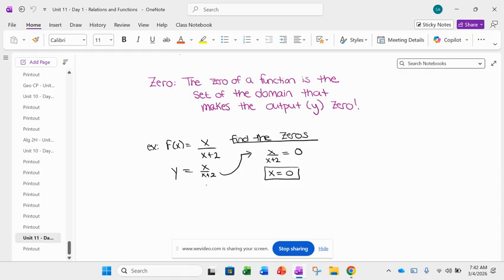All of the points for y are 0. So we're saying what input of x would give me an output of 0? That's what's happening. So what do we do to find the zeros of a function? We take our function and set it equal to 0 and solve for x. So that's where we had left off yesterday. Let's do some problems.